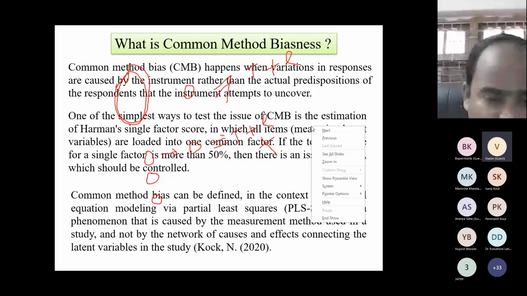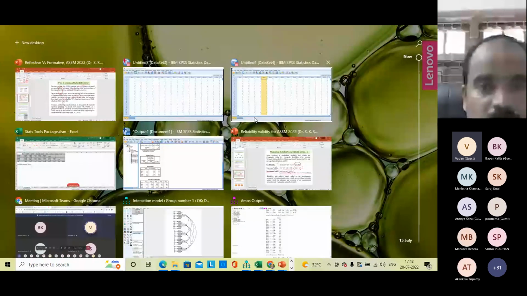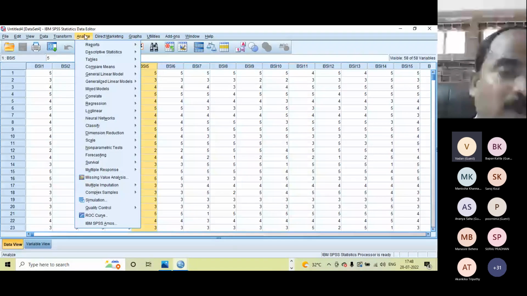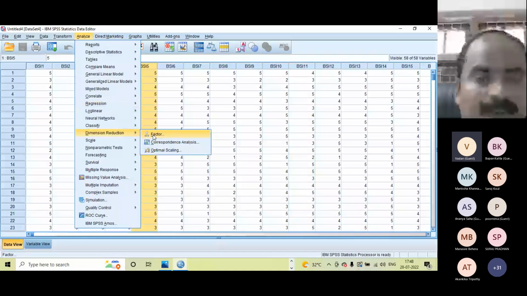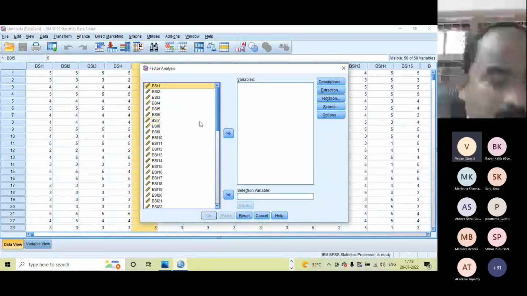Let me go to the SPSS. Where is that SPSS file? See, in general SPSS, what you used to do in the MBA or MPhil, you go to dimension reduction, go to factor, and click there. I am first explaining what you used to do, then I will go to Herman's one factor theory.